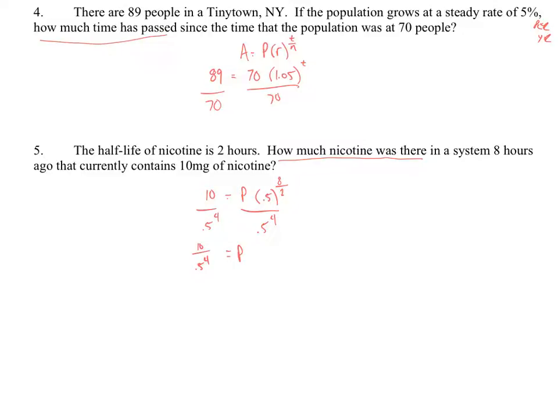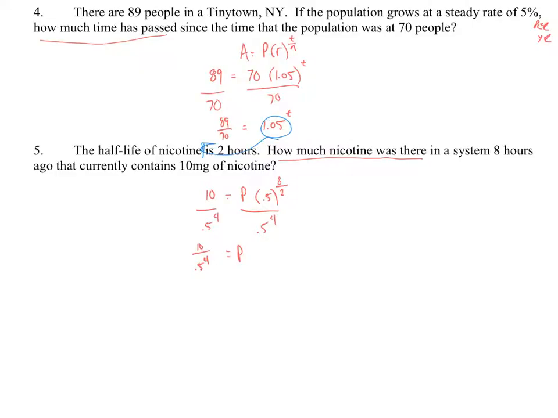On this side, you have 89 70ths, and now you have 1.05 to the t power. You can't divide by 1.05 because there's only one way to get an exponent to be the only thing left on this side of the equation, and that is to use a logarithm to swing this 1.05 over to this side.